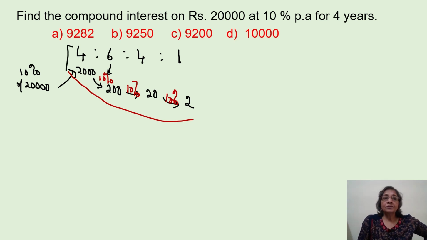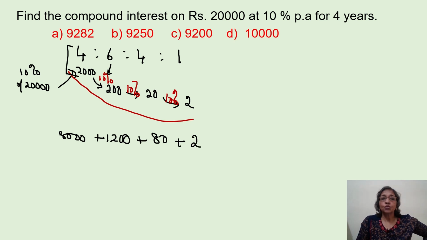So this will give you 8,000 plus 1,200 plus 80 and plus 2. So if you look at this, your answer is going to be 9282. Okay.